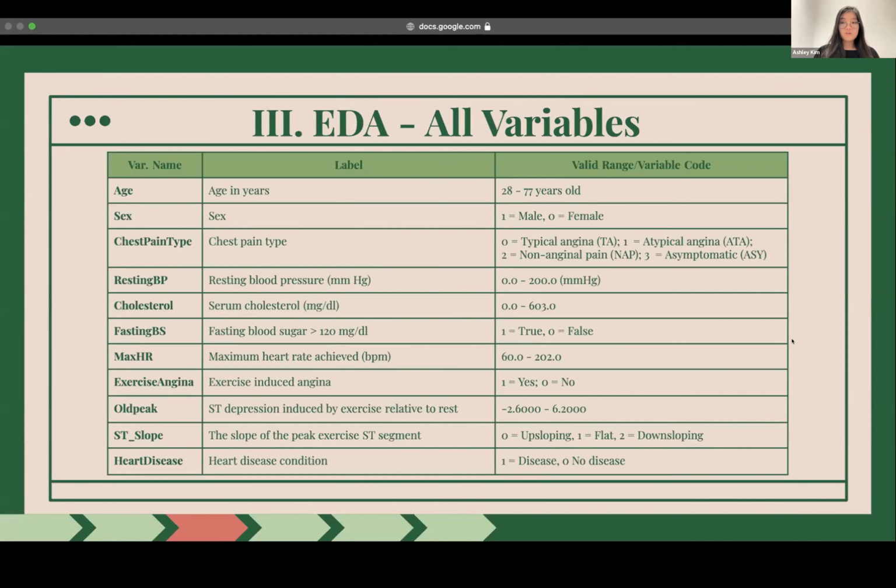In the table, oldpeak and ST slope were also variables in the data set, which both correspond with something called ST, which is a medical measure that indicates the level of tissue damage in the heart. It was also, of course, recorded in the data set whether the patient was ultimately positive, meaning that the patient had heart disease, or negative for heart disease.